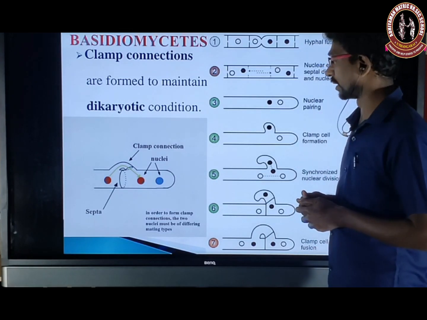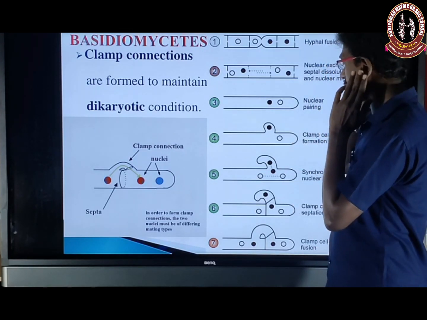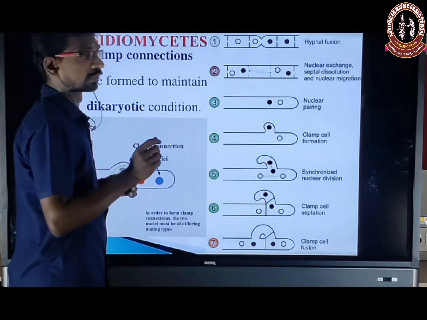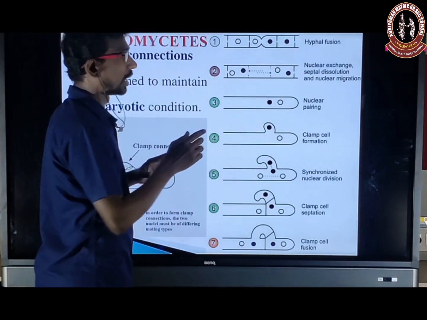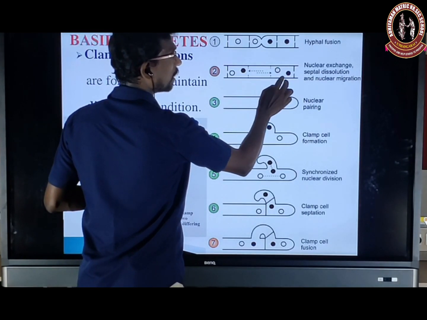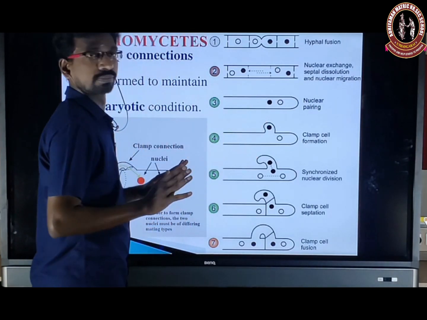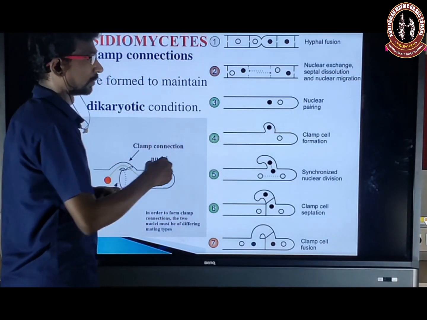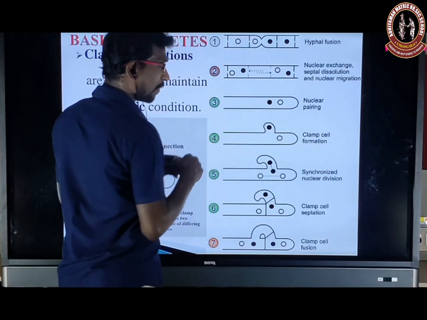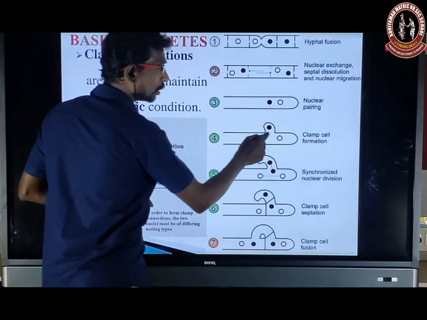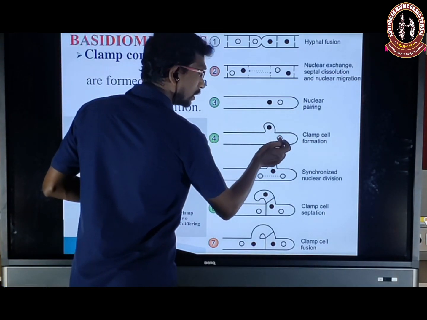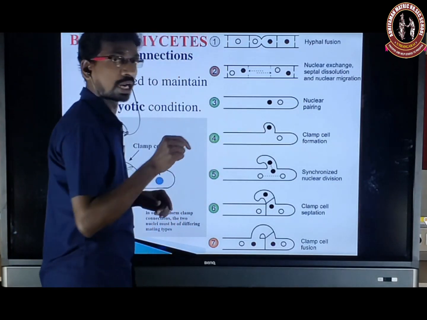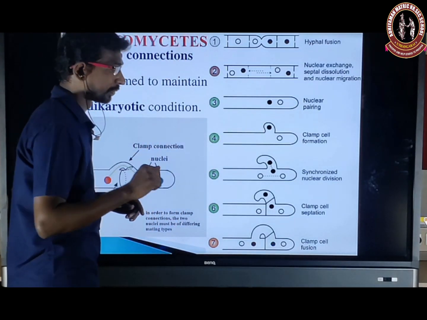So what is the clamp connection? Here, hyphal fusion occurs. Hyphal fusion is over, as a result the cell contains the two opposite strains. So now they want to exchange, so clamp cell formation occurs. During clamp cell formation, each nucleus in the single cell undergoes mitotic division.